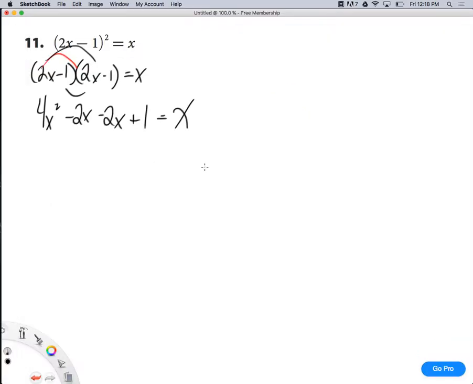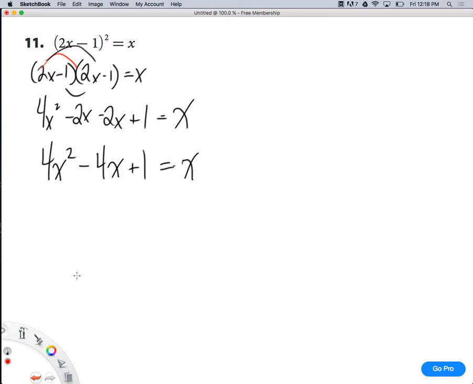Cool, so that's what I've got. And I get 4x squared minus 4x plus 1 equals x. All right. And then what do I do? What do I have to get one side equal to? 0, right? So what do I have to do?